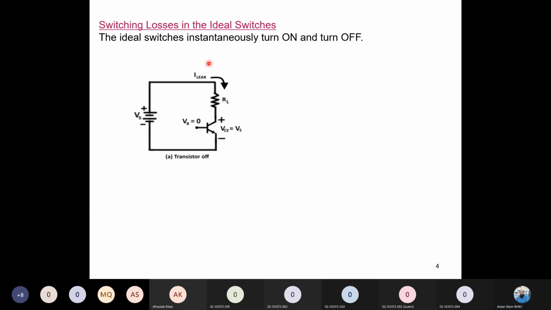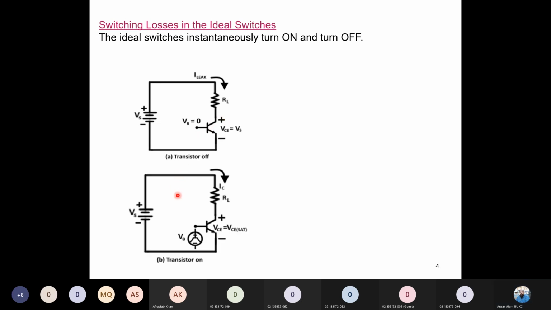So again, I took an ideal switch. Switching losses: the ideal switches instantaneously turn on and turn off. For example, if this is an ideal transistor, the moment we give the base terminal a 0 voltage, instantaneously, without any delay, the transistor will turn off.